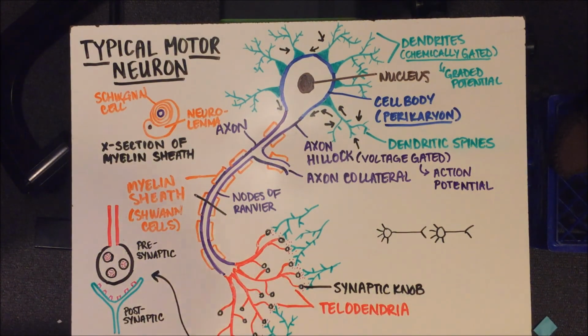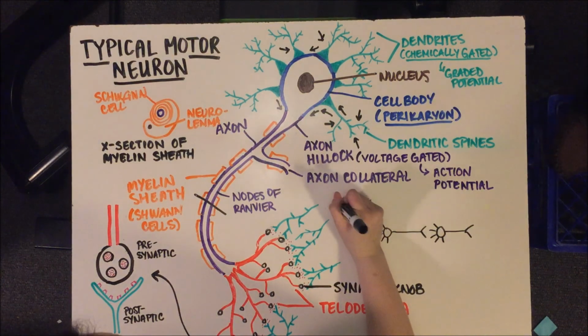So in myelinated neurons, like the one I drew here, the signal is conducted down the axon through saltatory conduction. So let me write that.